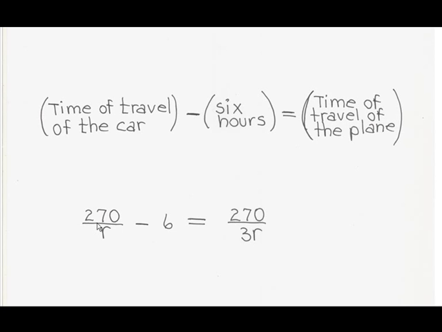So our equation is 270 divided by R minus 6 is equal to 270 divided by 3R.